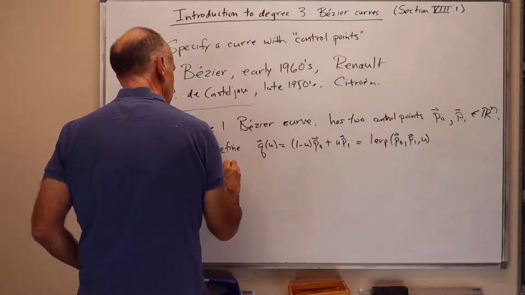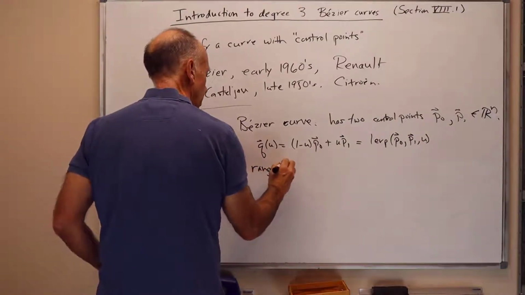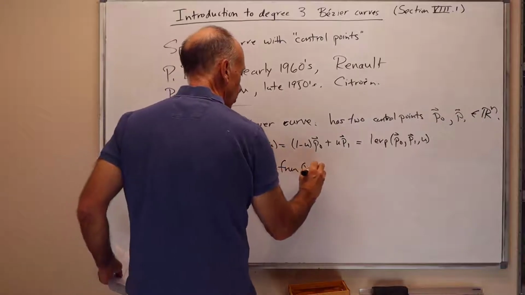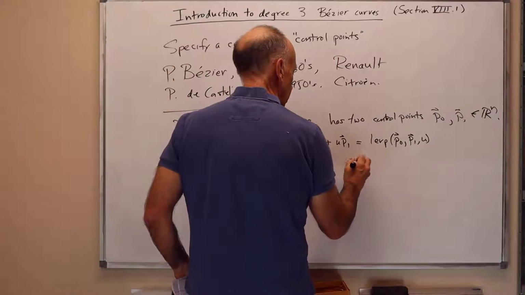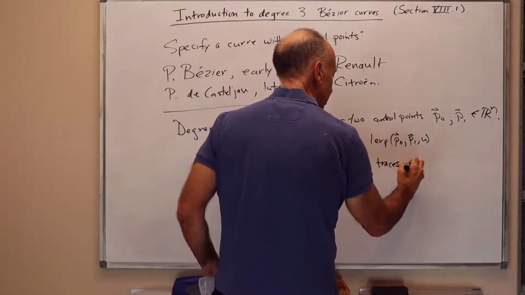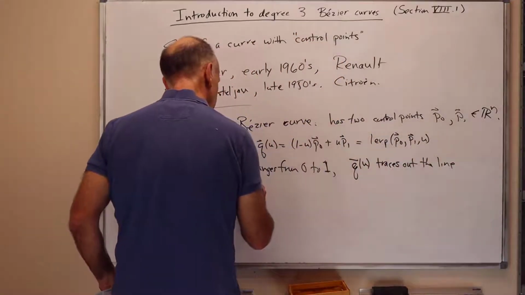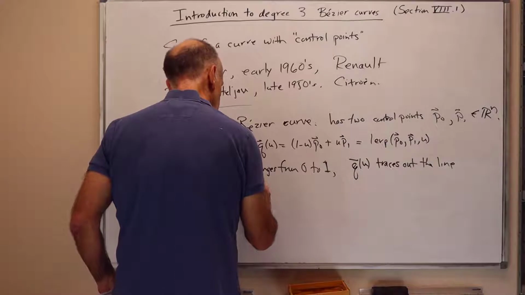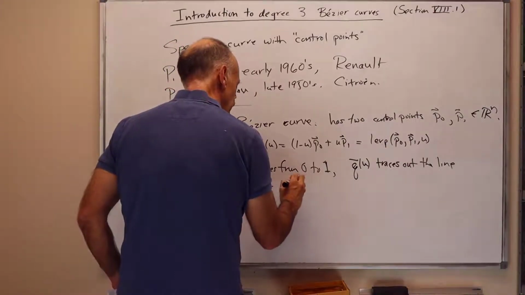So as u ranges from 0 to 1, which is the usual domain for Bezier curves, Q of u traces out the line segment from P0 to P1.